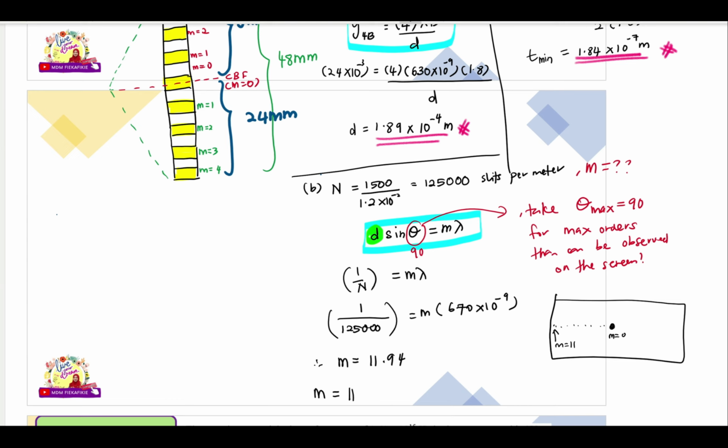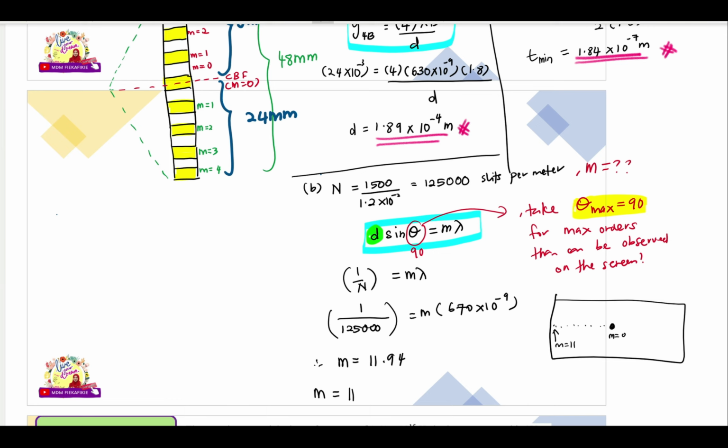Okay, the highest number of order that can be observed, maknanya m is equal to 11 lah. That's mean, kenapa kita ambil theta dia adalah 90 degree, kita kena faham, we consider theta is equal to 90 degree in order to calculate the highest number of order that can be observed.